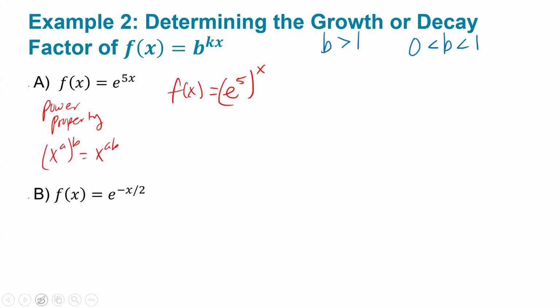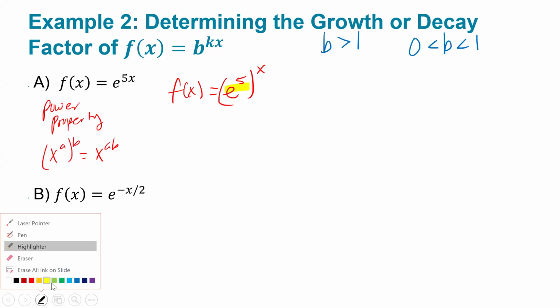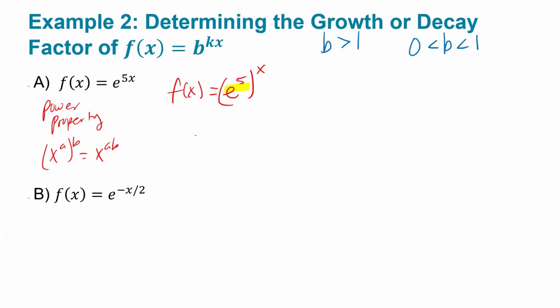Okay, so from there, we're now going to just focus on the base. And we're going to ask ourselves, is e to the 5 bigger or smaller? So we have e to the 5. Is it greater than 1 or less than 1? It is going to be greater than 1 because e to the 5 is greater than 1.